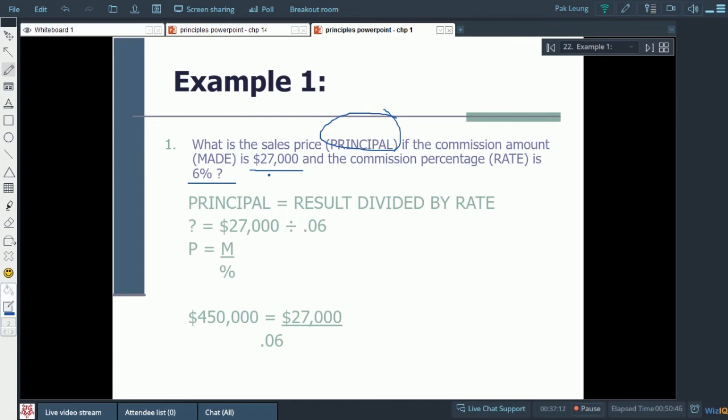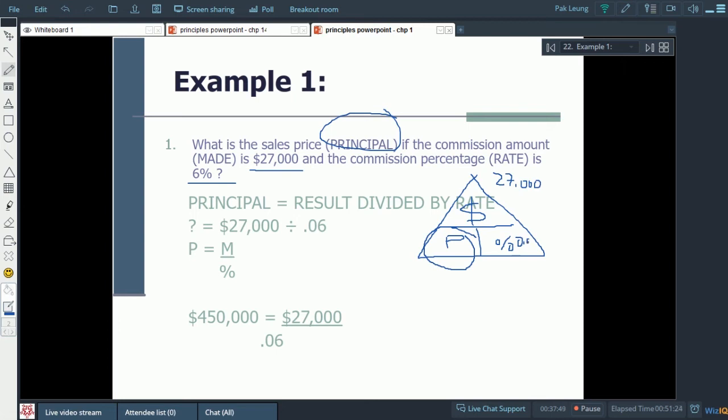If the commission amount is 27,000 and the rate is 6%, 他讲，你卖这个房子是多少钱? 你赚到27,000，那给你佣金是6%. So let's look at our magic triangle. How much money is made, and then the principal and then the rate. So what are they trying to ask you? Principal, so you cover this up.